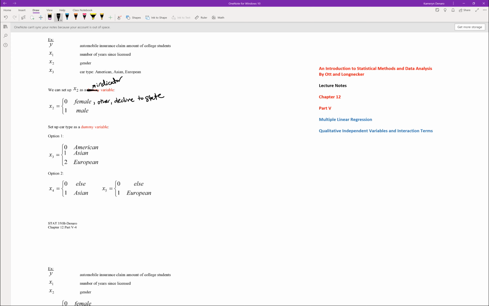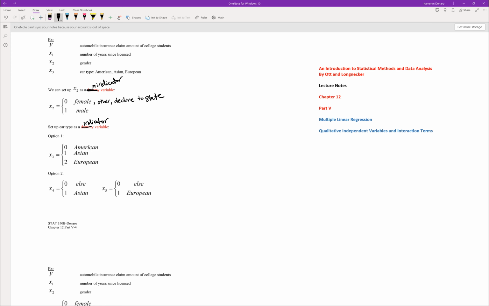We're going to set up car type as an indicator variable as well. And we can do this in two different ways. Option one would be to create a variable X3 with three different levels: 0 is an American-made car, 1 is an Asian-made car, and 2 is a European car.